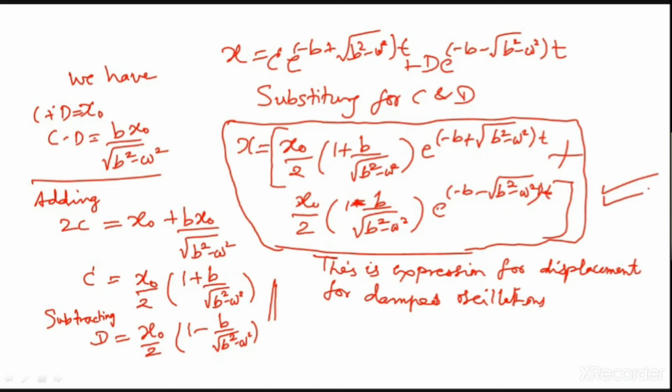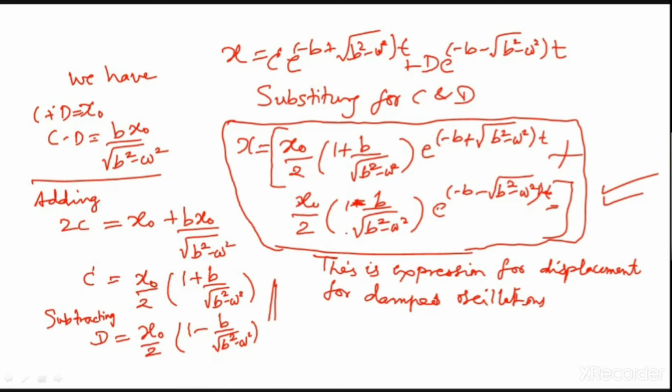Now if you look at this x, it is varying with respect to time t, and it varies with root of b square minus omega square.